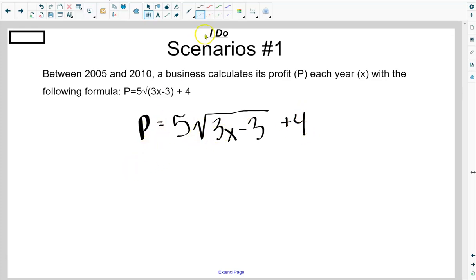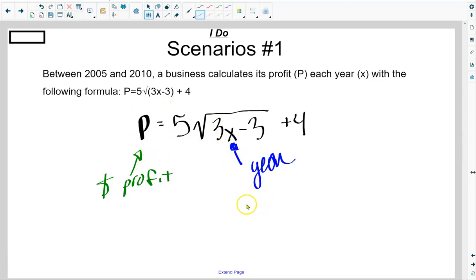All we care about is this is the profit, which is money, and this one right here, X, is the year. So they could ask us a whole bunch of things, but the main thing is if they give you some kind of profit value, you can plug it in here. If they give you some year and they want to know the profit that year.